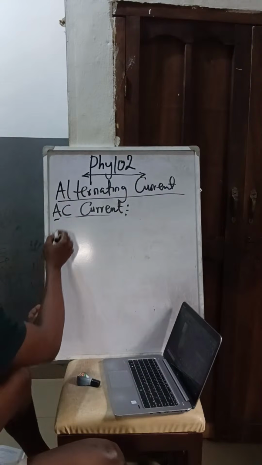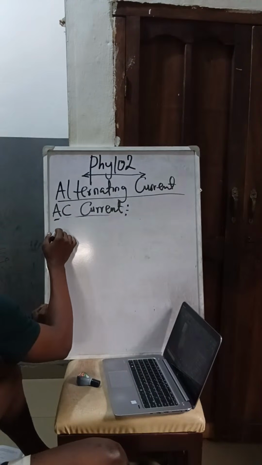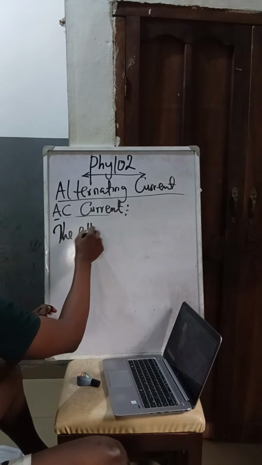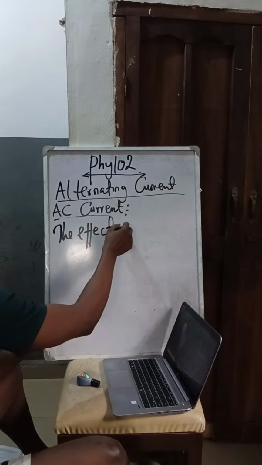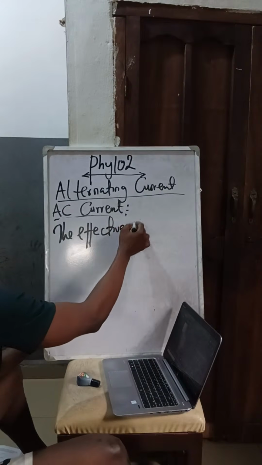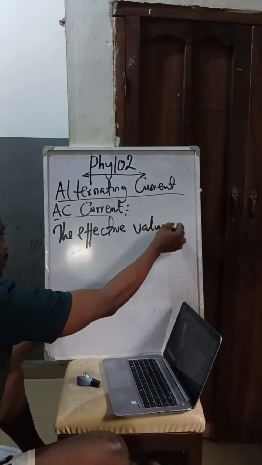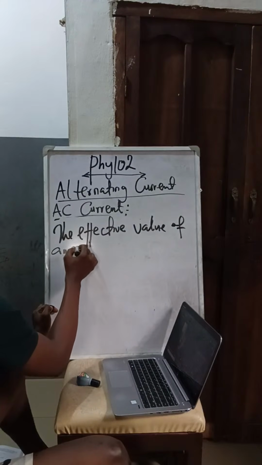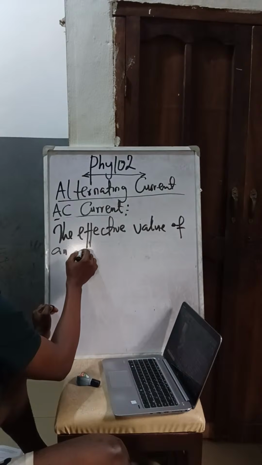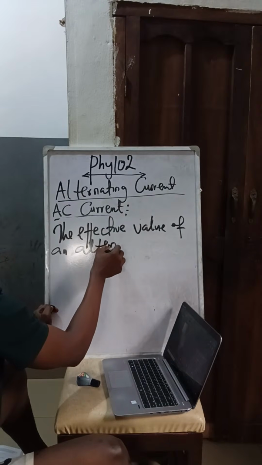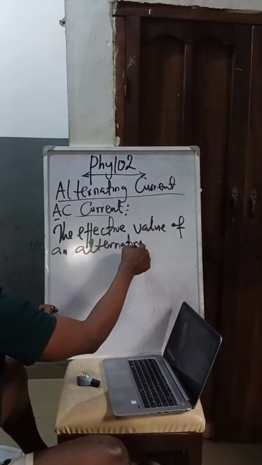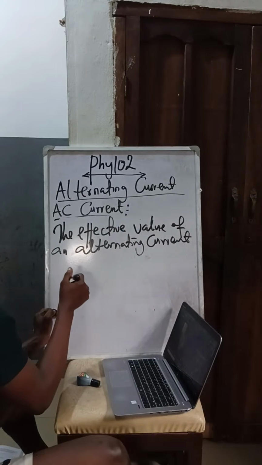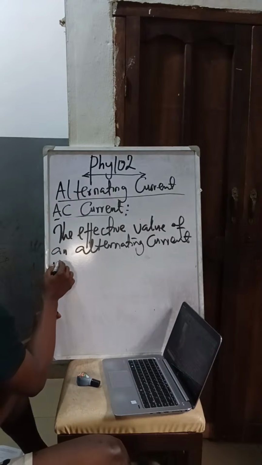All right. So when we talk about the effective value of an alternating current, we are actually talking about root mean square.